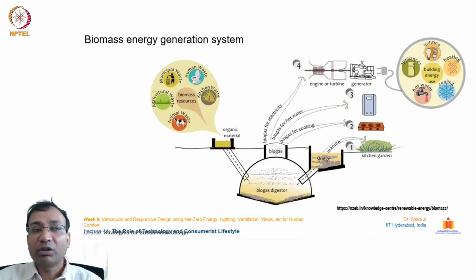Further, coming down to the biomass energy generation system. This is a typical illustration of how this biomass energy generation system works. First and foremost, we collect the organic material.